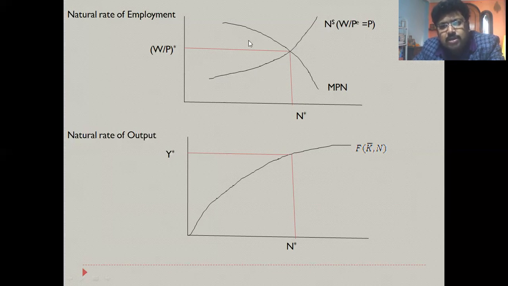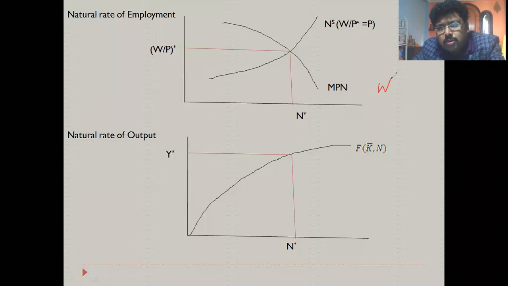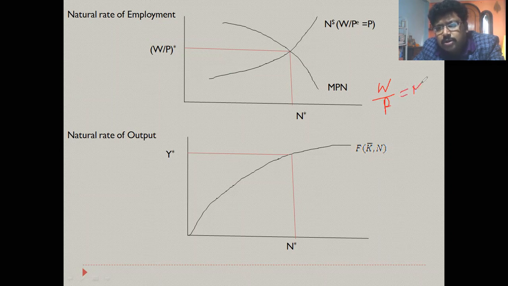So naturally, as you know, W by P is equal to the marginal productivity of labor. We can write it in this way. Suppose W by P is equal to the marginal productivity of labor.